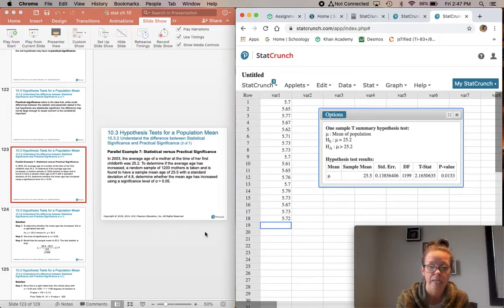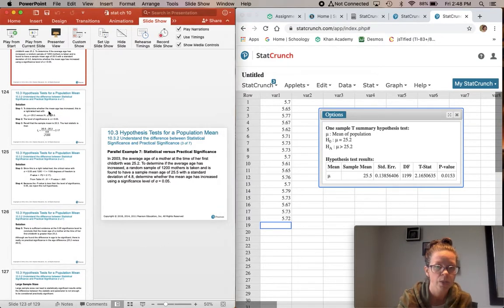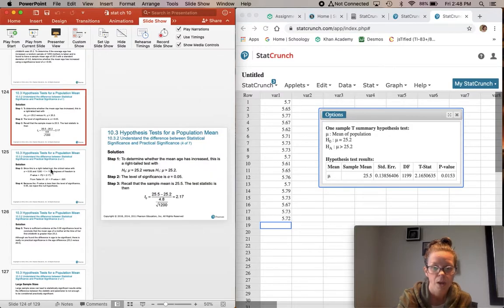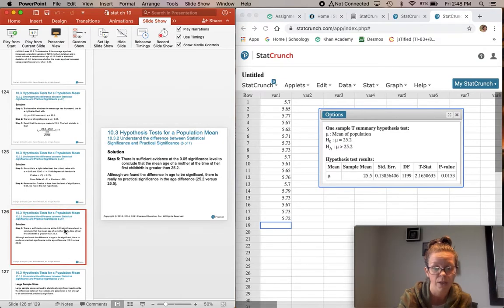So this test says that, we'll come to our conclusion. We went through, set up our hypotheses, our significance level. We used StatCrunch to find the t-value and our p-value, and we are concluding in favor that the age is older. But does it really matter?